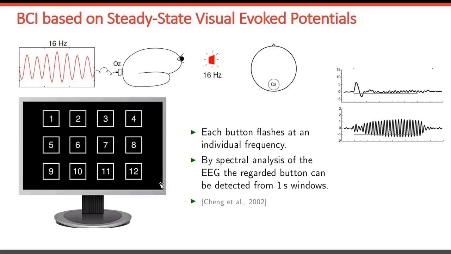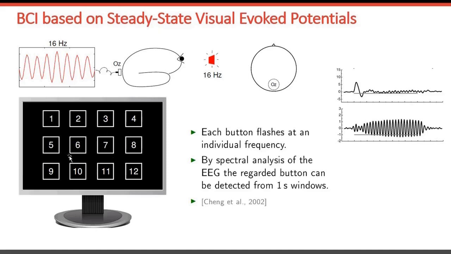So for instance, here we have a 3x7 grid of stimuli, which can be replaced by characters. Each of these stimuli flashes at a different frequency. It's not like column and row intensification. It is instead flashing at some frequency. So for instance, you can flash this one at 20 Hertz, 16 Hertz, 17 or 30, and some slower range.